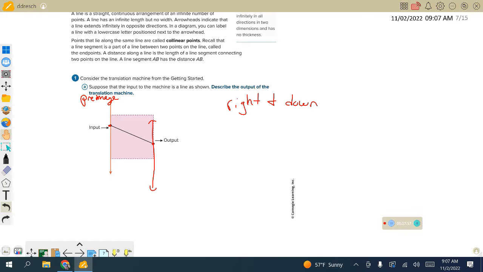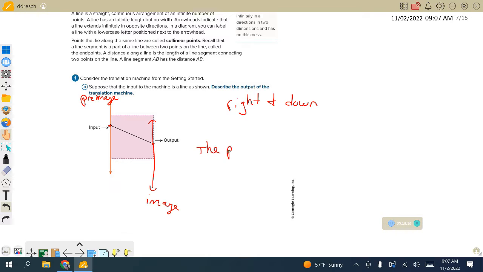Okay. Now as we did that, what do we notice here about those two vertical lines? Our pre-image and now our image. What's true about these two lines then? Parallel. Thank you. What we end up with then is parallel lines.